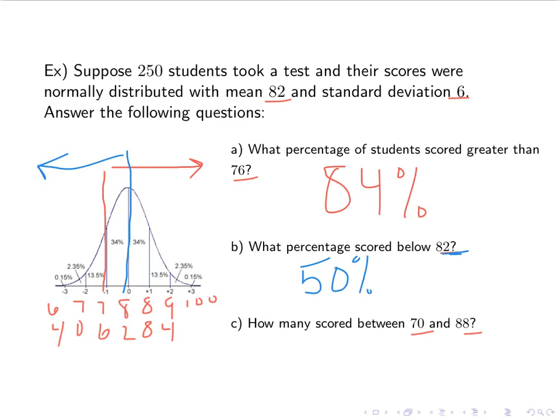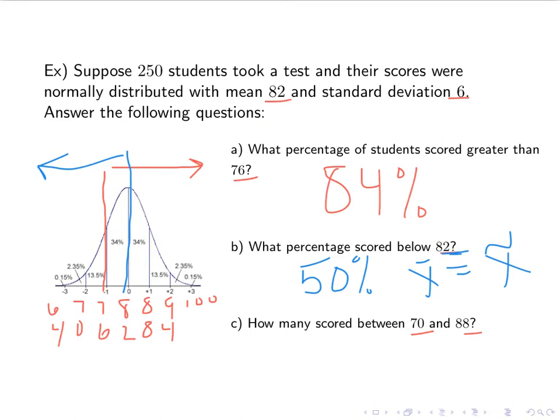Something that's really nice about the normal curve is that it's symmetric, right? So the percentages on the left match up with the percentages on the right. And because of that 50% where my mean is, it tells me that my mean is also my median. It's also the mode, but it's really nice that the mean is the median. It splits the data in half. Remember, that's what the median does.